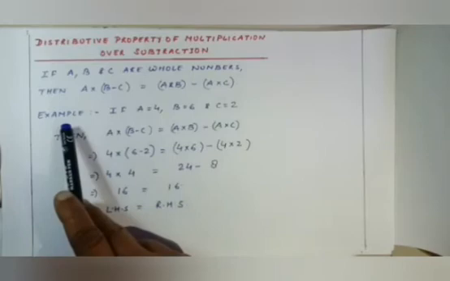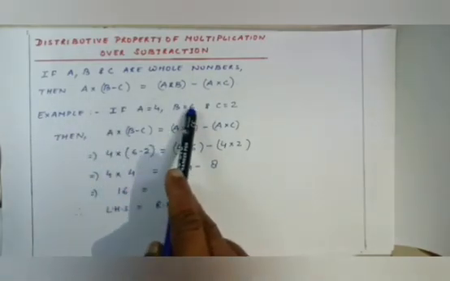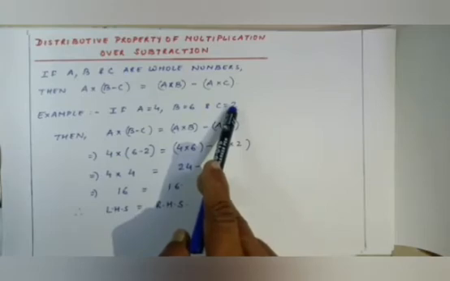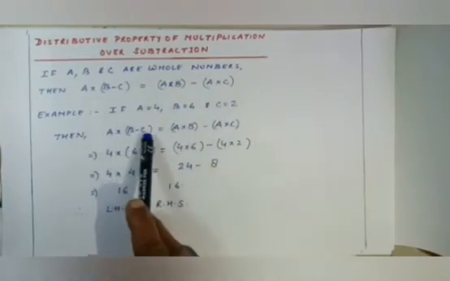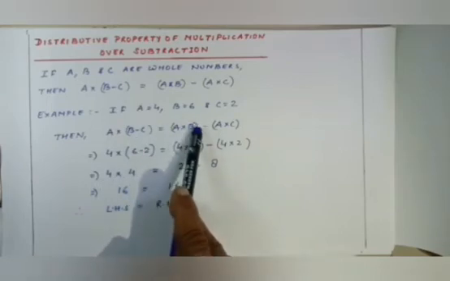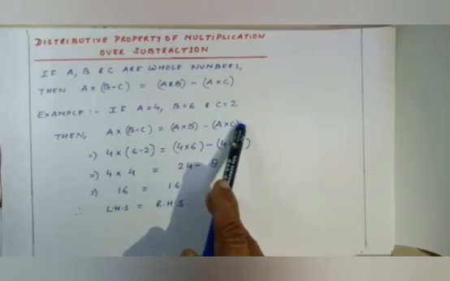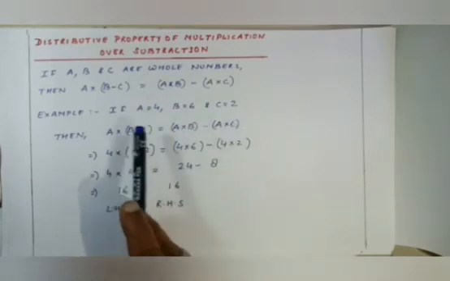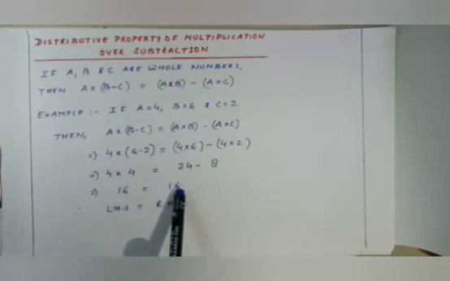Let us see with the help of an example. If a is equal to 4, b is equal to 6 and c is equal to 2, then according to the property a into b minus c is equal to a into b in one bracket minus a into c in another bracket. When we put the values of a, b, c, I am going to get 16 is equal to 16.